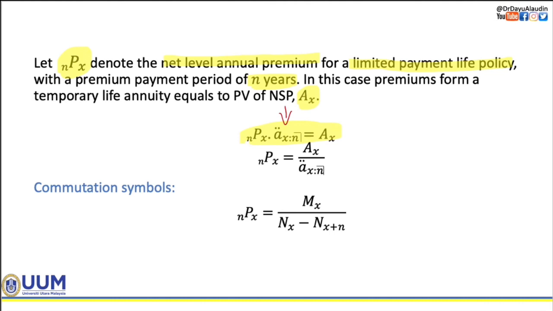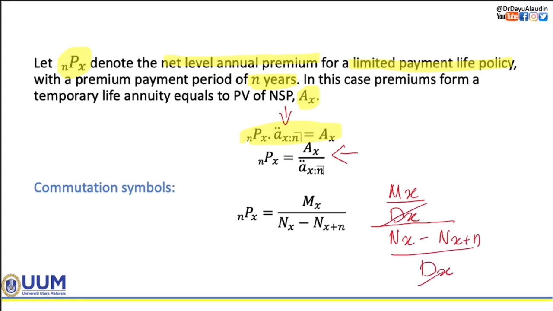So nPx is equal to Ax for whole life insurance divided by the temporary annuity due for n years. Ax is Mx over Dx, divided by the temporary annuity due, Nx minus Nx plus n over Dx. We cancel out, and in the end we get nPx equal to Mx over Nx minus Nx plus n.